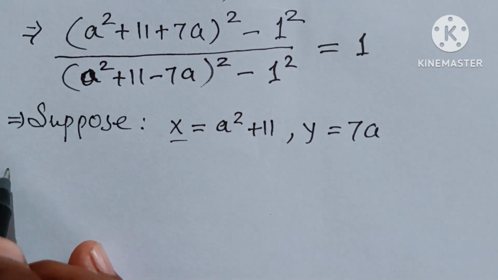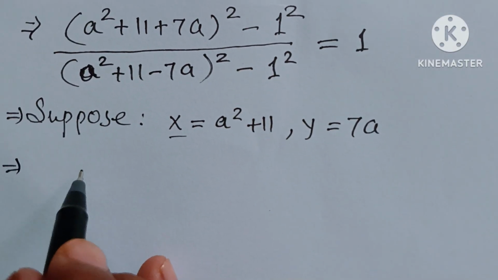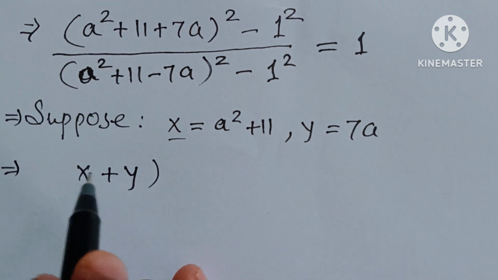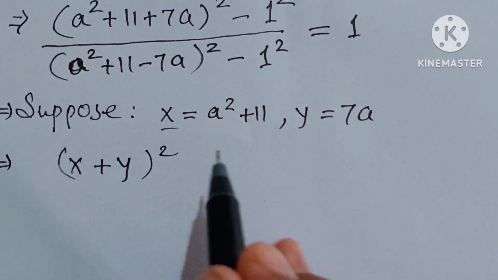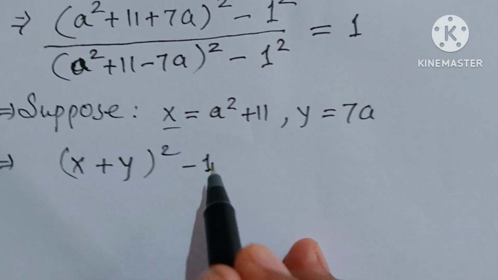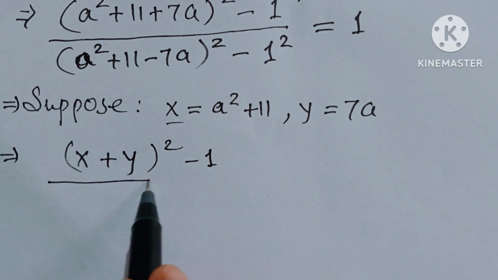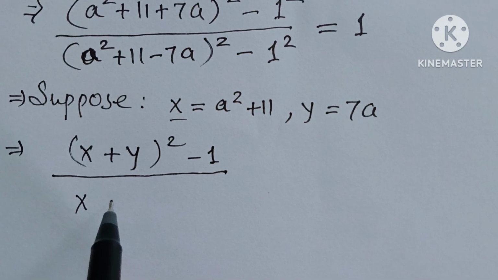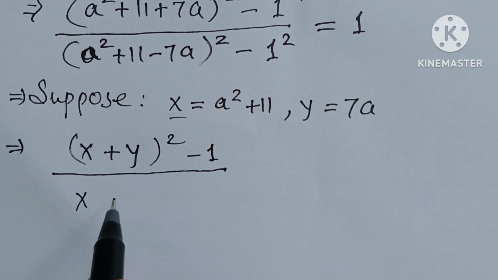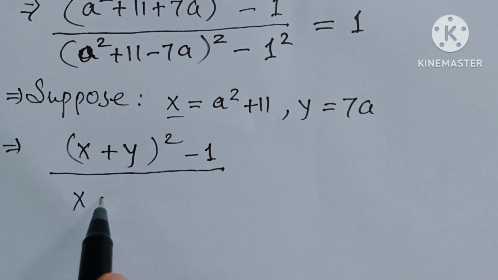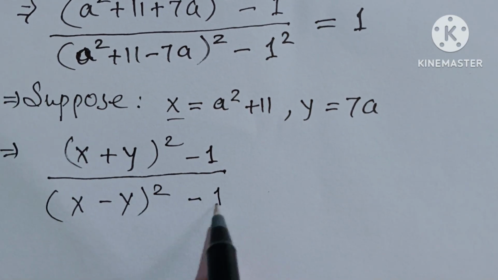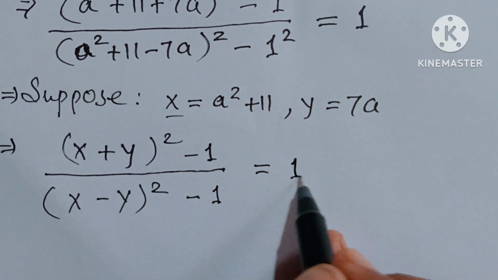Now we write (x plus y) whole square minus 1, divided by (x minus y) whole square minus 1, equal to 1.